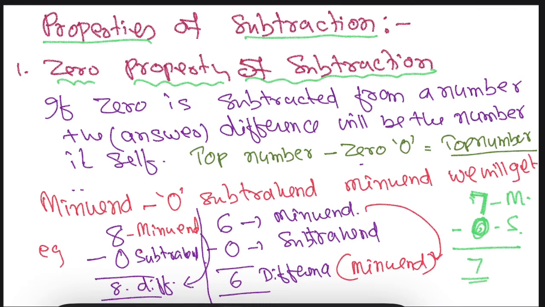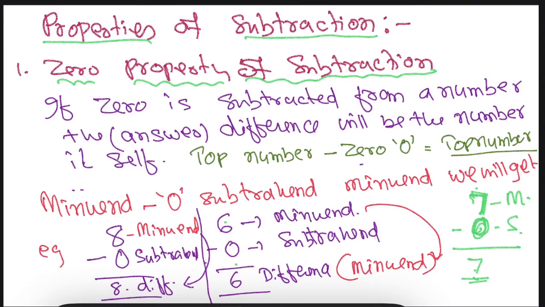If it is 7, the answer is 7; if it is 2, 2; if it is 5, 5 will come. 4 minus 0 is 4, 8 minus 0 is 8, 6 minus 0 is 6, 100 minus 0 is 100, 1000 minus 0 is 1000. Any number, if the subtrahend is 0, then the answer will be the minuend only.